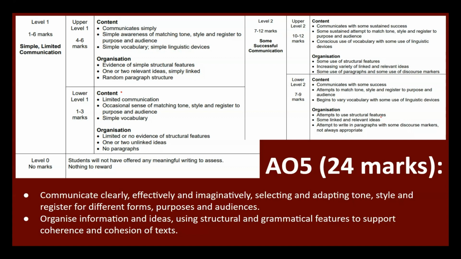The other part of the mark scheme takes into account everything else, pretty much. So that means tone, it means style and register, as you can see on this slide. So we need to be able to communicate clearly and effectively and imaginatively. Sounds really scary. It's not, it's only thinking of stories.